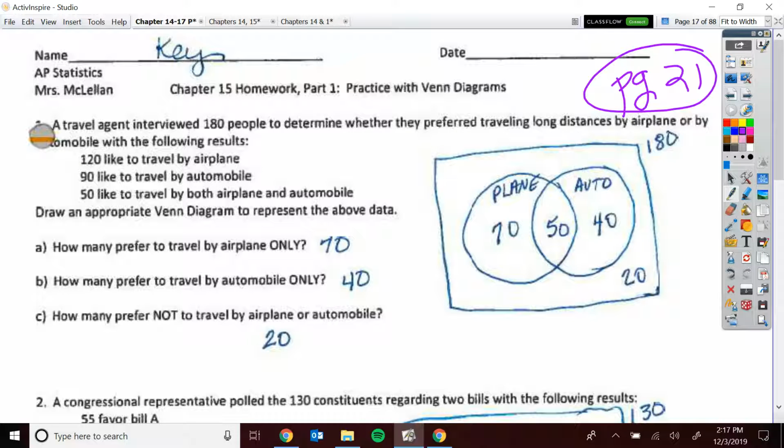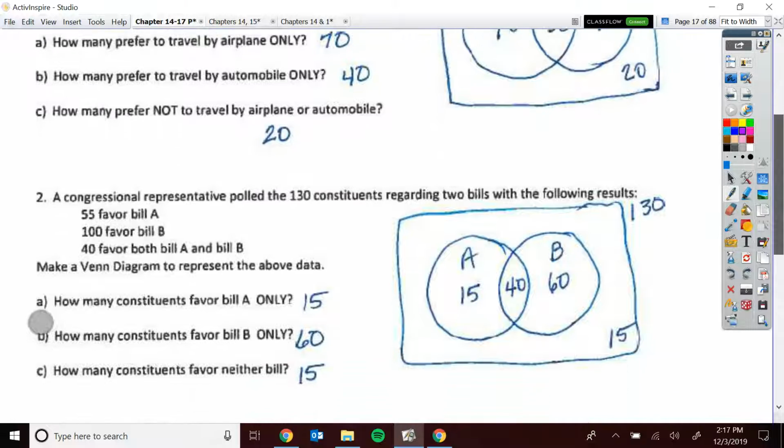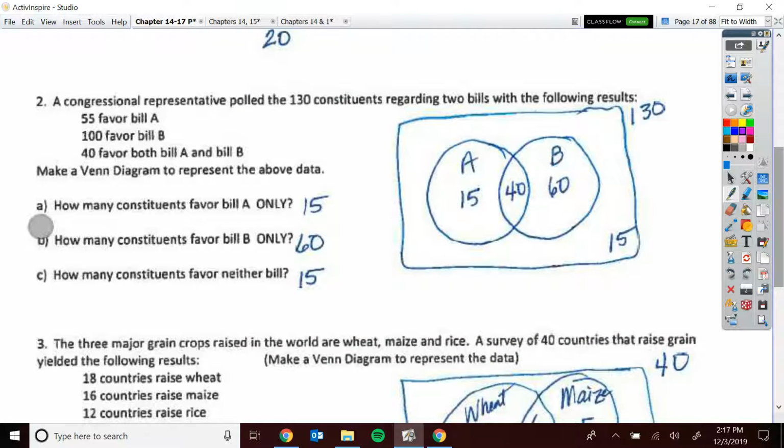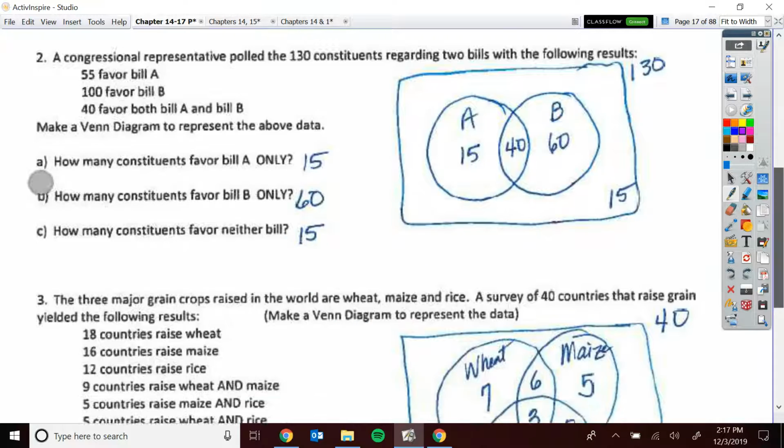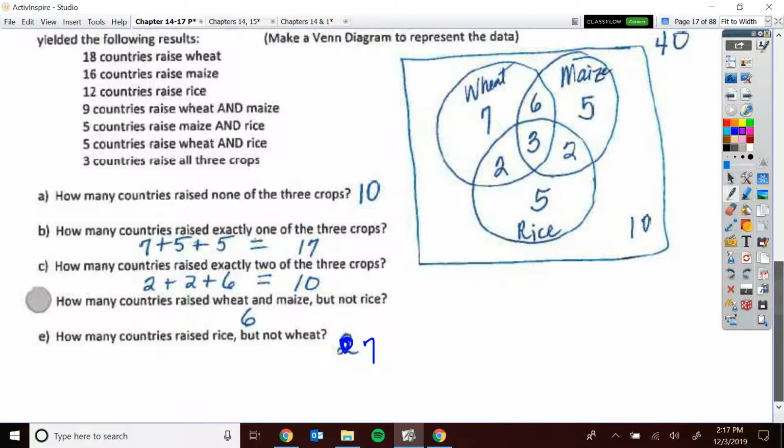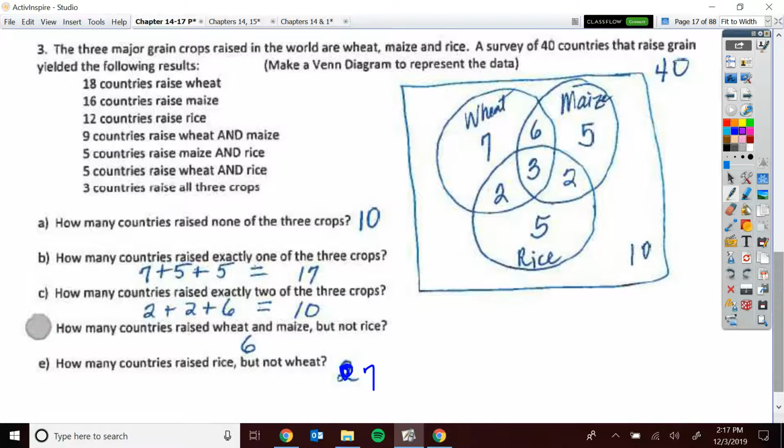Okay, so here is your Venn diagram with your answers 70, 40, 20. Okay, questions on that? Here's the number 2. There's your Venn diagram for those parts, and 15, 60, and 15. So here is this one, and I want to talk to you in particular about this question right here.